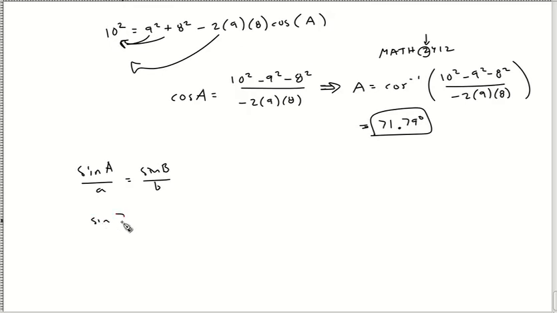So sine of the 71.79 all over A, which was a 10, equals sine of B all over B, which was the 9, I believe. So move that over. Arc sine. We should get our answer pretty quickly here.